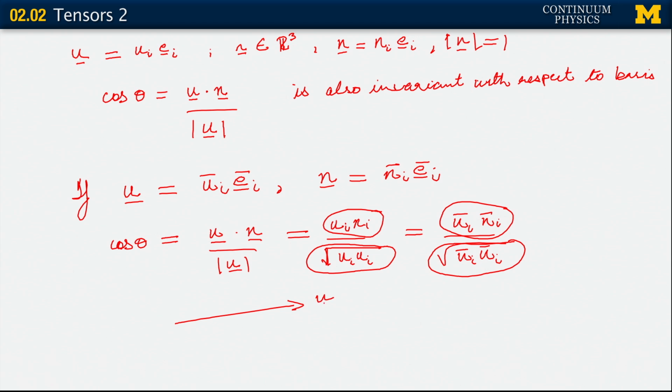If we draw u as that, and we say that this is n, where we recall that n is of unit magnitude, that is the angle between them, theta. And the whole point is that this angle, which is essentially a direction, is invariant with respect to bases. It does not matter whether this is the basis we are looking at, E1, E2, E3, or that is the basis that we are interested in.